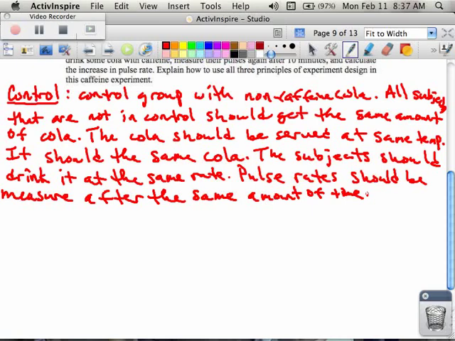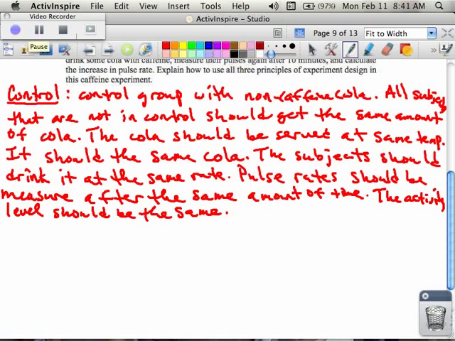Yeah, maybe the same amount of activity. So the activity level should be the same. And basically what you're trying to do here is reduce the number of lurking or confounding variables. That's the whole purpose of this control.